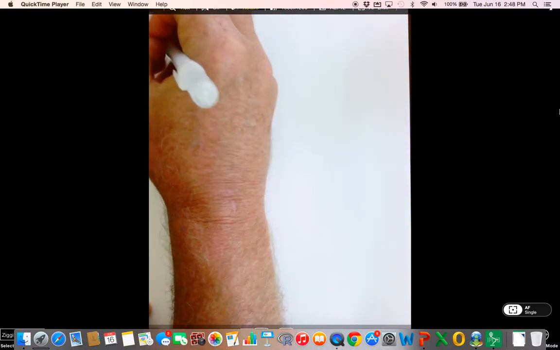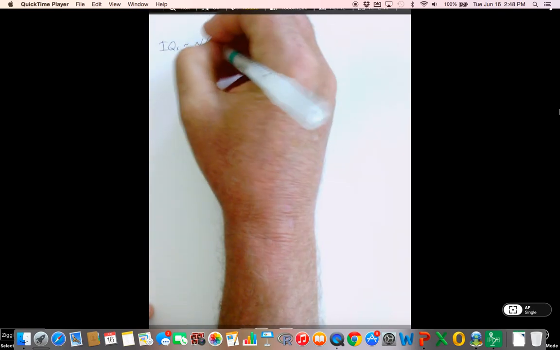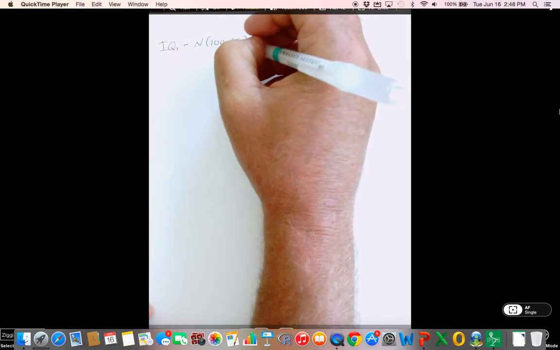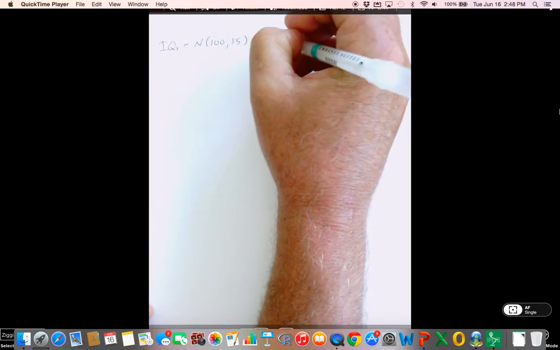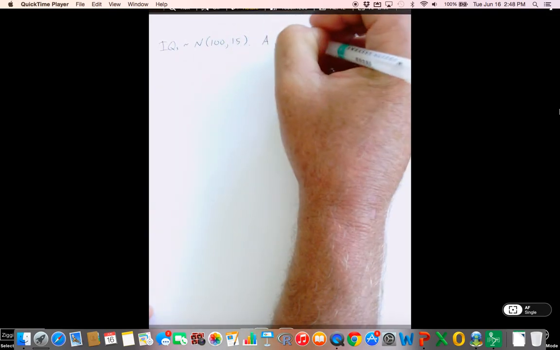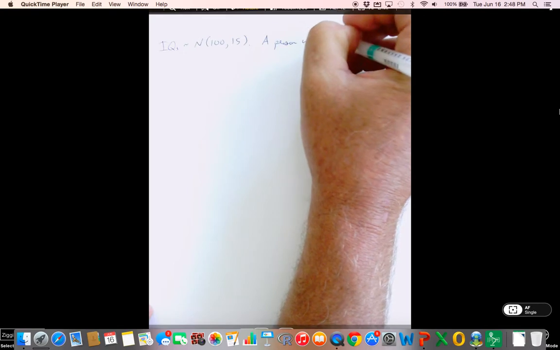Previous problems with normal distributions, we take scores out one at a time. We examine scores one at a time. In other words, we could say that IQs form a normal distribution with a mean of 100, standard deviation 15. A person is selected at random.